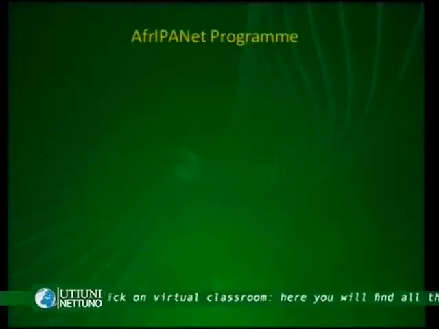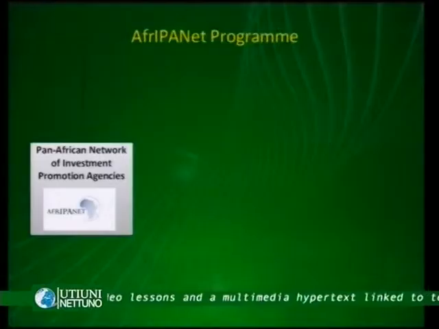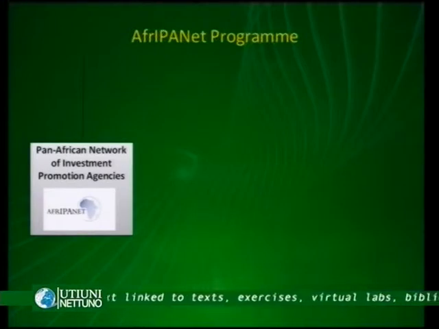The AfripaNet program is the program that we started implementing in Africa in 2001. The implementation of the program started with the setting up of a network of African investment promotion agencies, which we called AfripaNet.